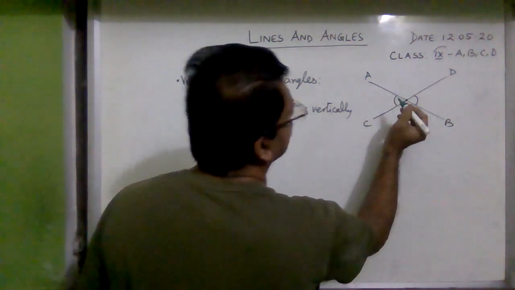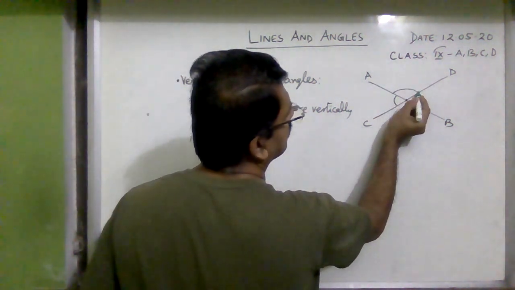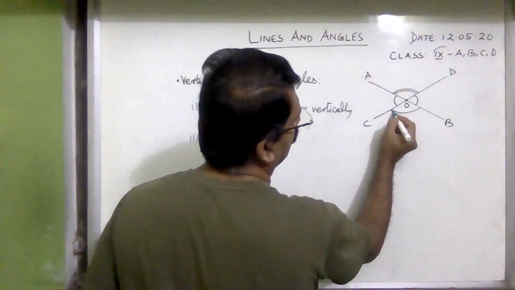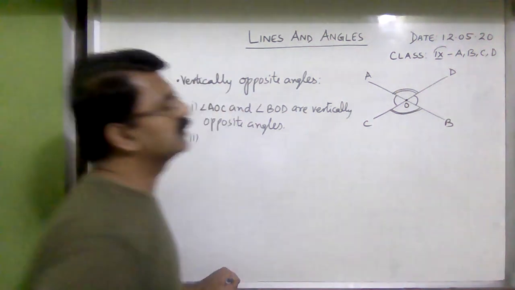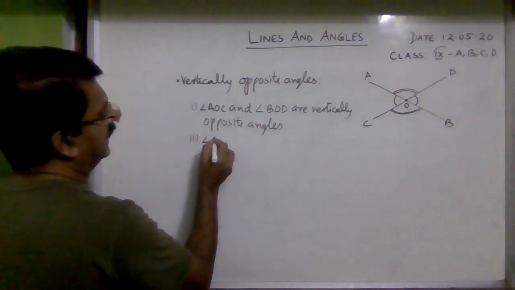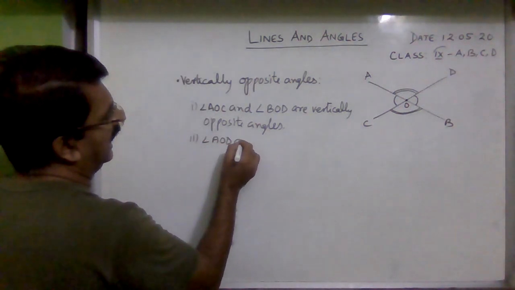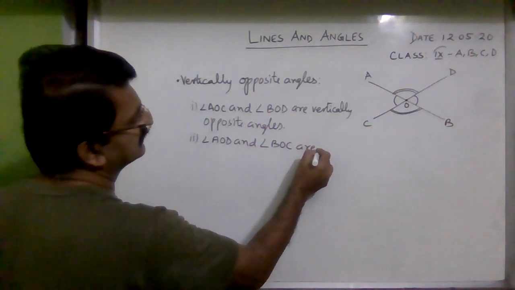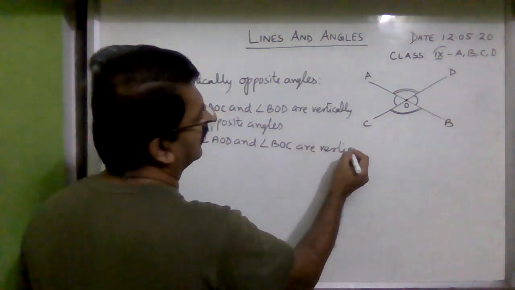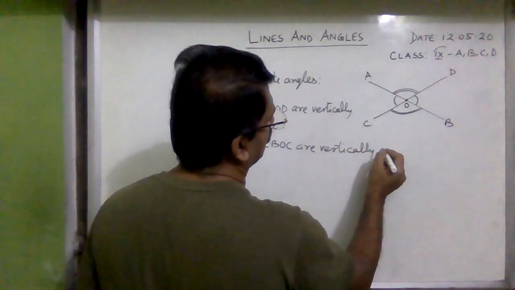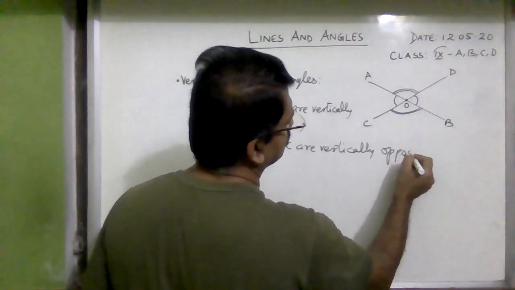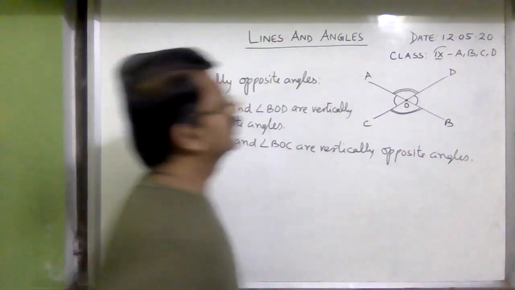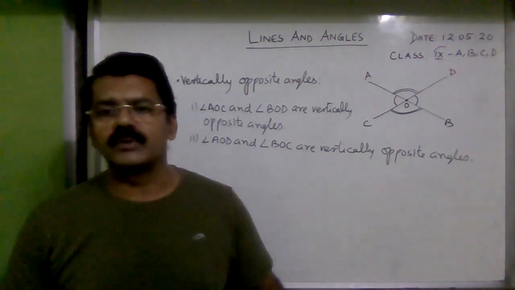And angle AOD and angle COB, or BOC, are also vertically opposite angles.